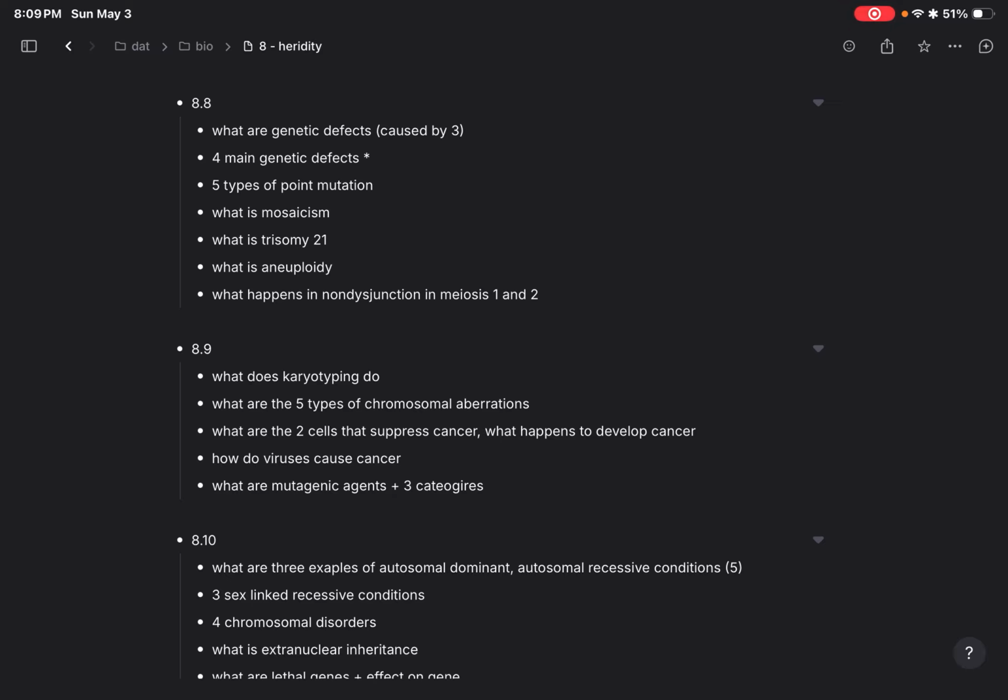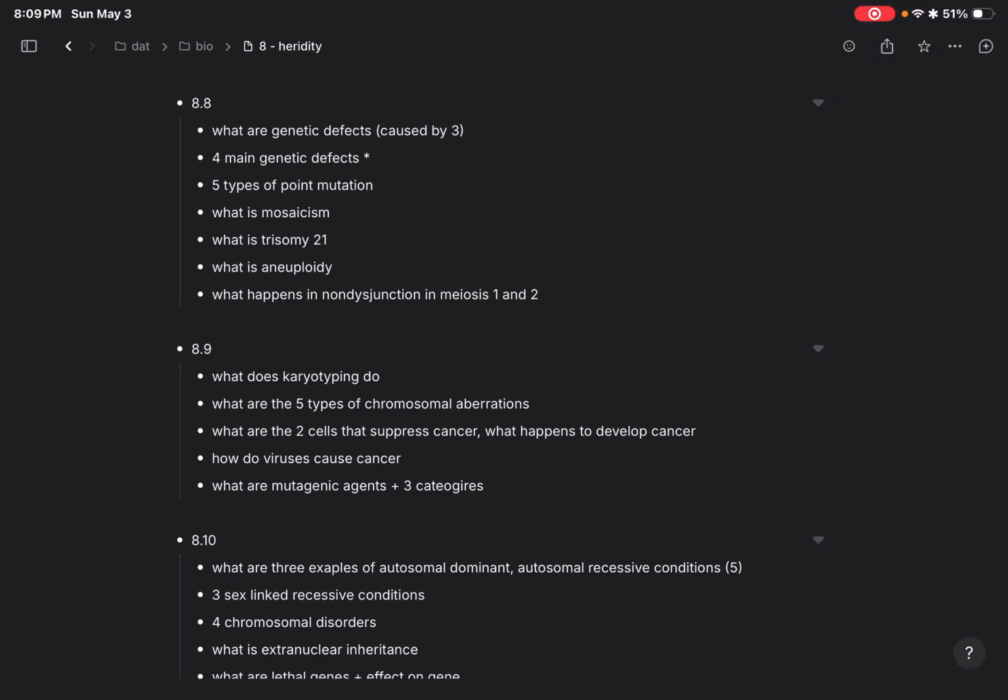So that'll cause mosaicism. That's when you have more DNA or more chromosomes, and then it'll cause that cell to be genetically unique to the other cells, and then it could replicate and spread, and it will cause issues in the body.